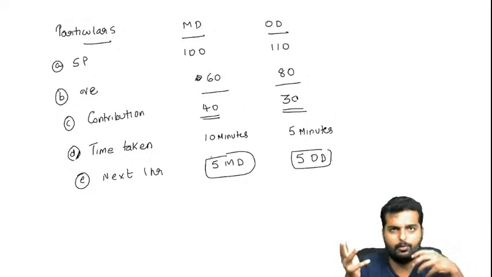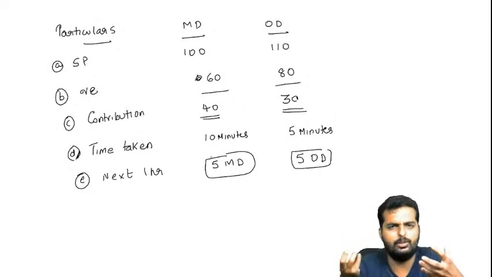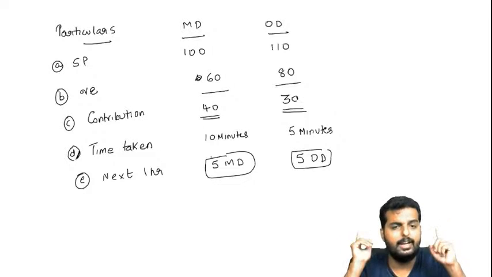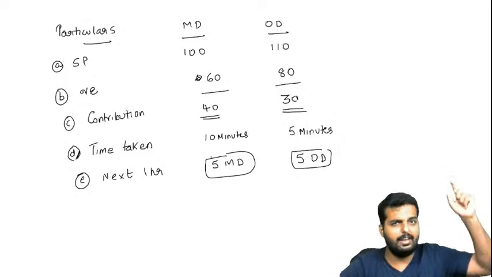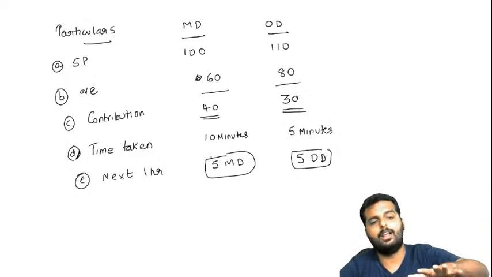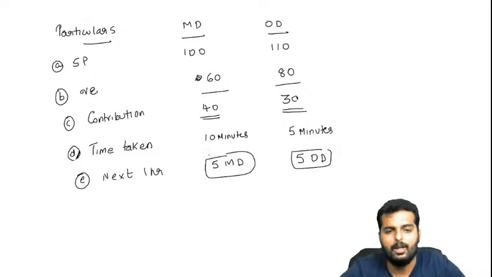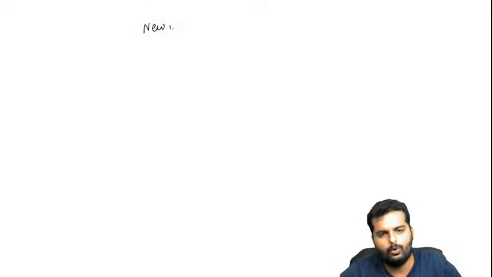I know I cannot hear you, but whatever I speak, you just talk back to me so that you understand what we are talking about here. Contribution is given. It takes 10 minutes to make a masala dosa and 5 minutes to make an onion dosa. First thing Sanjana will now do is check whether it is practical. So I'll call it a new order.